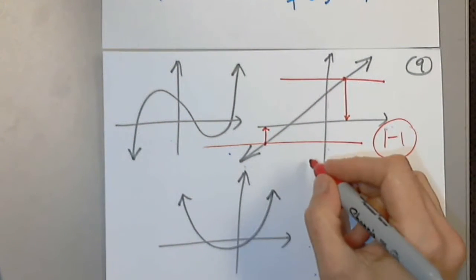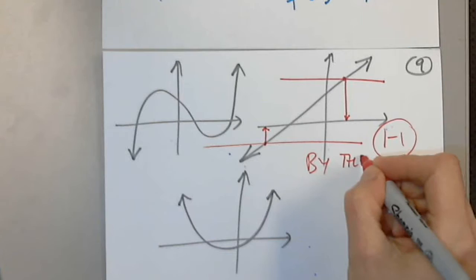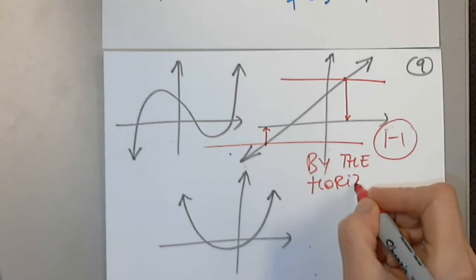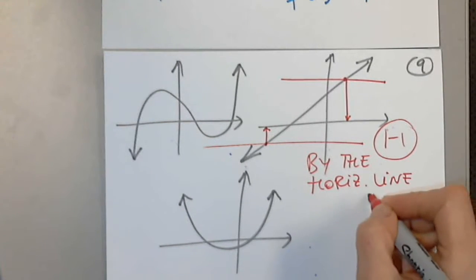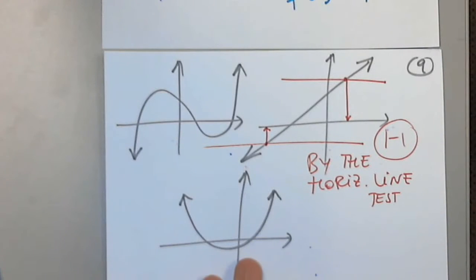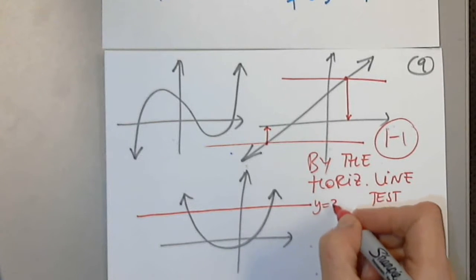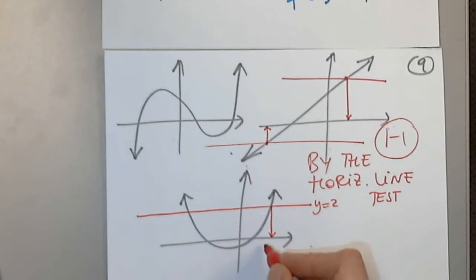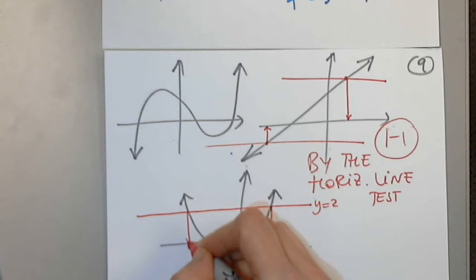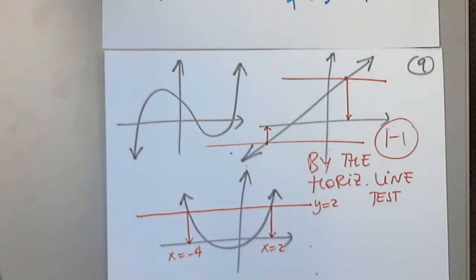What do you say about this? So I'm going to write this here. By the horizontal line test. What about this one? Is this one-to-one? No. By the horizontal line test for this y, I don't know, y equals 2, I read x equals 2 and I read x equals -4.